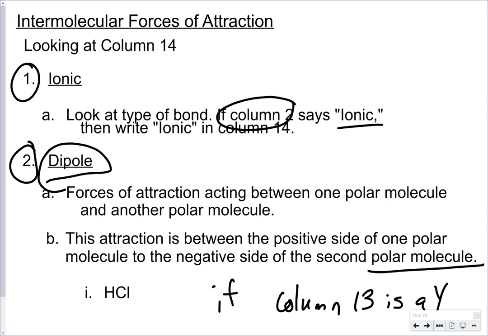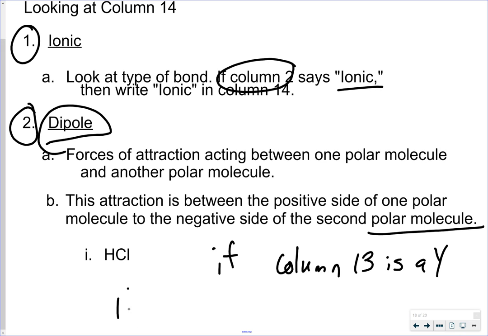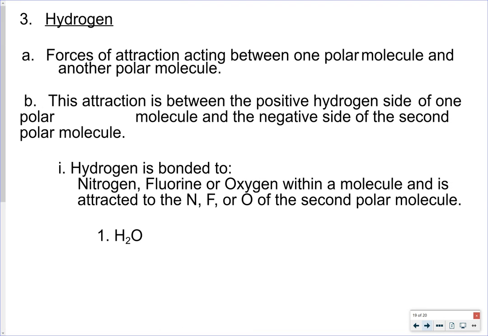For example, right here, you can see that there's a majority of electrons around the Cl, making it negative, putting a positive charge right here. So there is a pole. Now, number 3 is hydrogen.